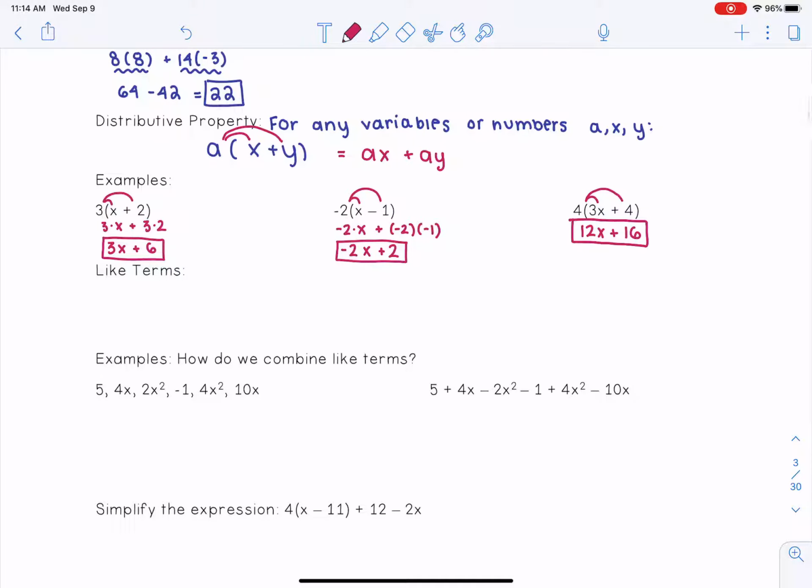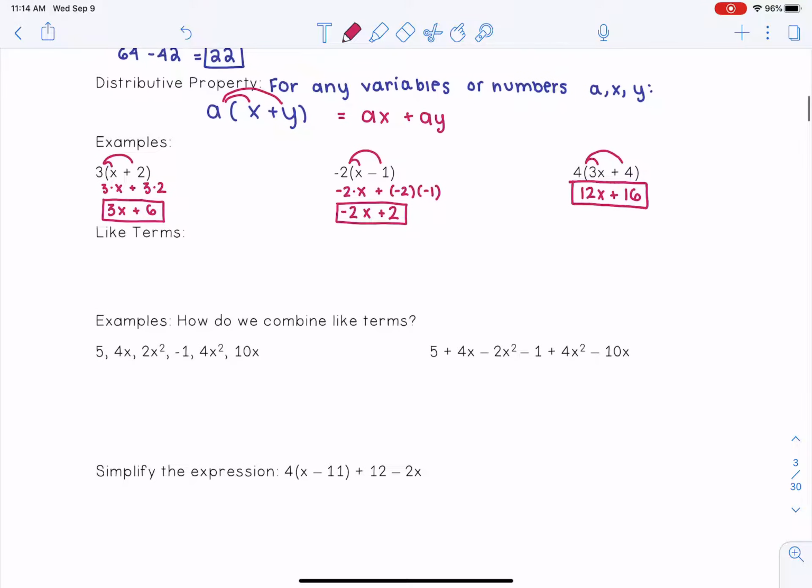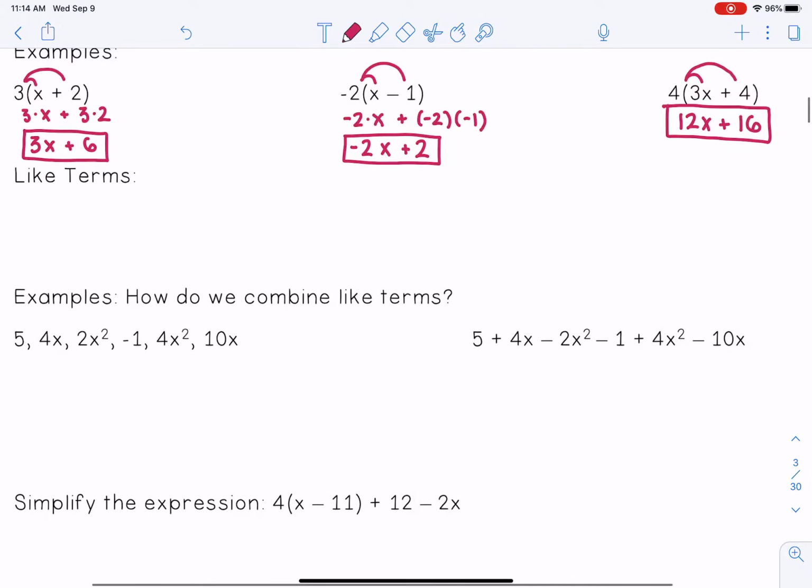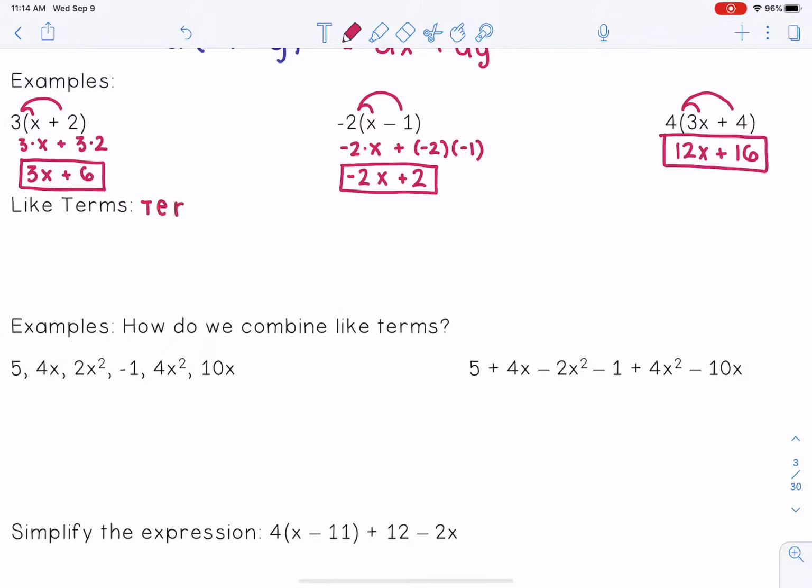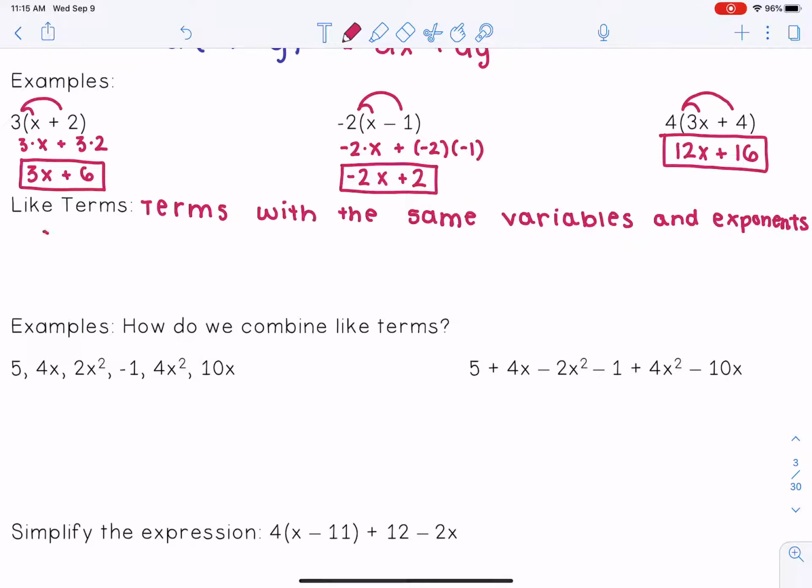Next up, I have like terms. So what are like terms? These are terms with the same variables and exponents on the variables. So this is important.